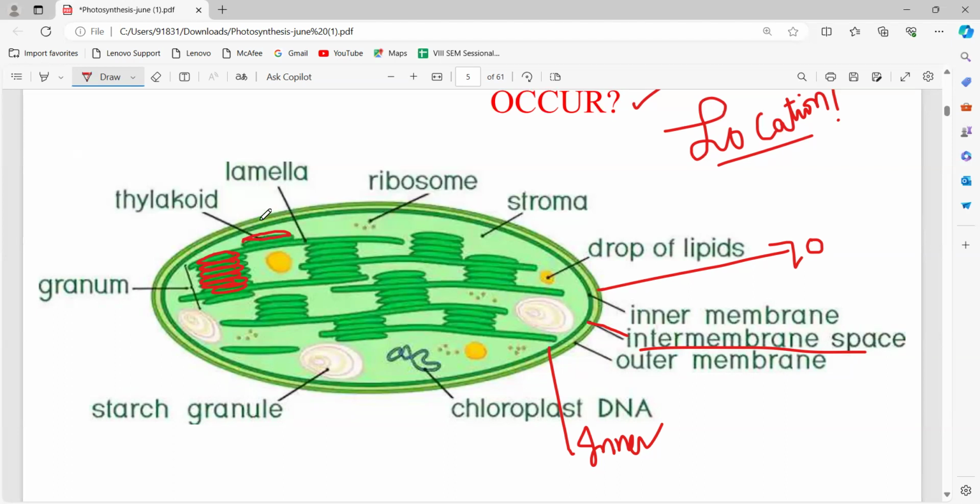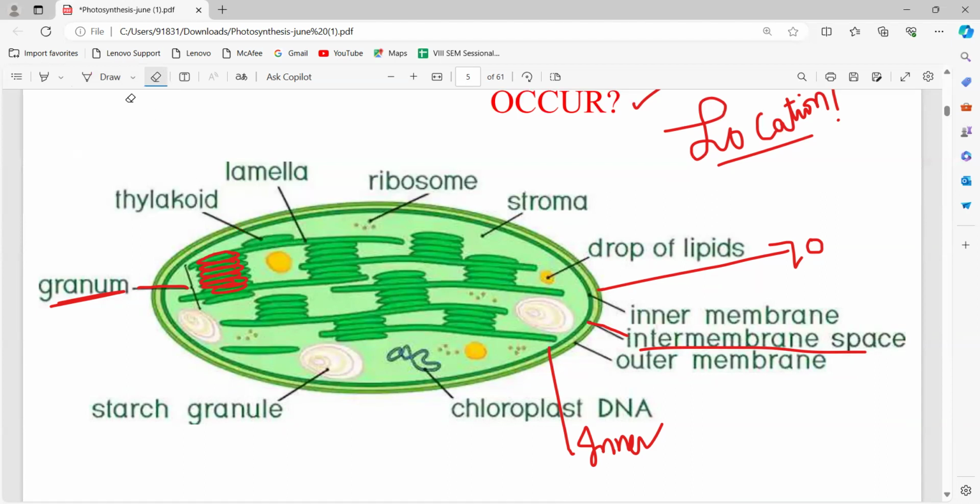Correct? Now, the most important point here: the thylakoids present in the chloroplast are not single. What you can observe here is that groups of thylakoids are arranged together. That group of thylakoids is what we generally call the granum.